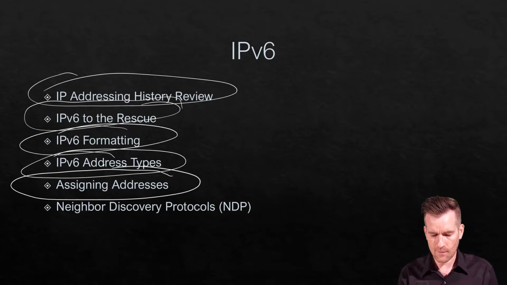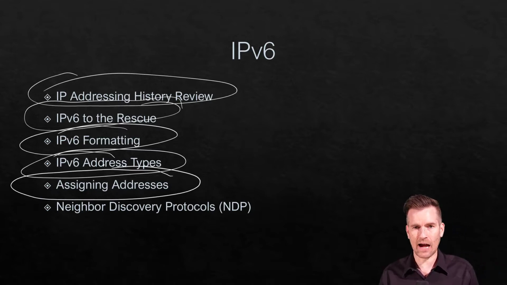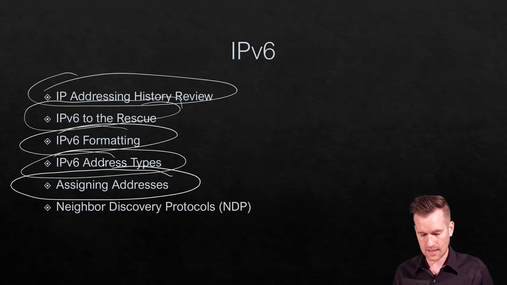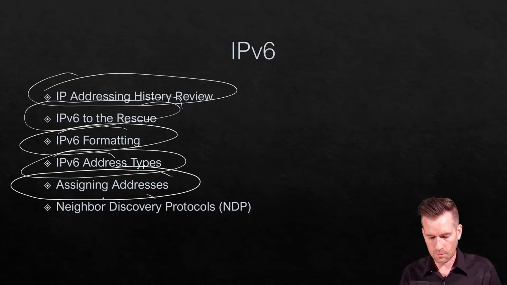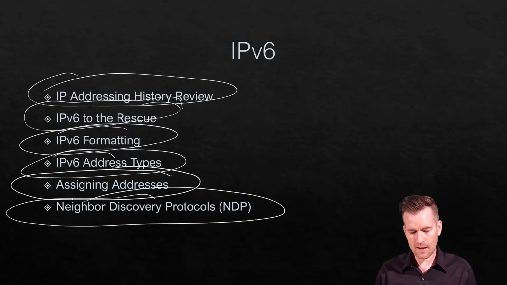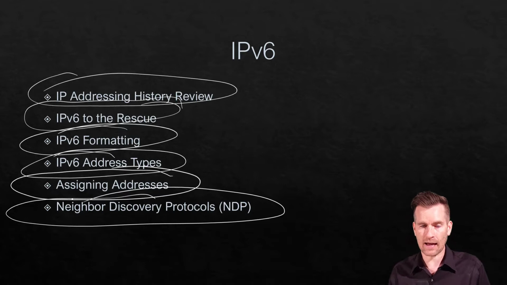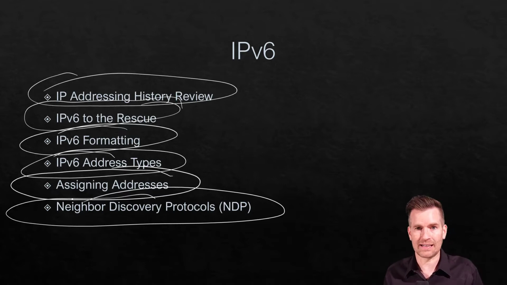Then we're going to talk about assigning addresses, how we assign addresses to machines when they start up, how they actually get the IP version 6 address. And then we will briefly introduce what Neighbor Discovery Protocol, NDP, is, because that's a key component to IP version 6 and how IP version 6 functions.